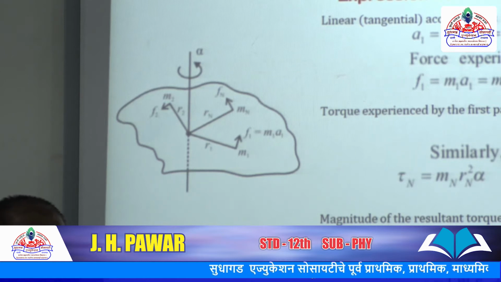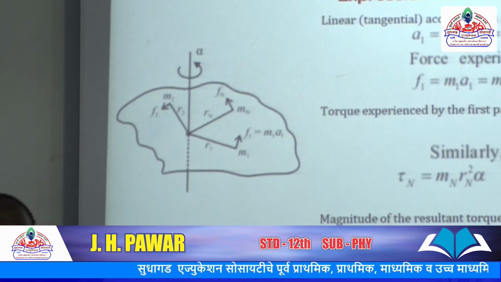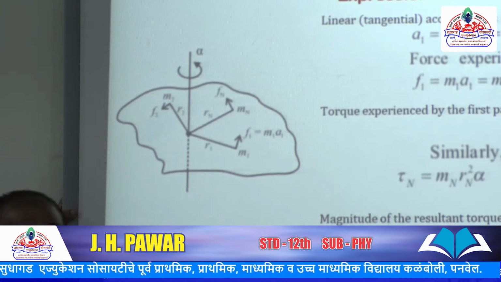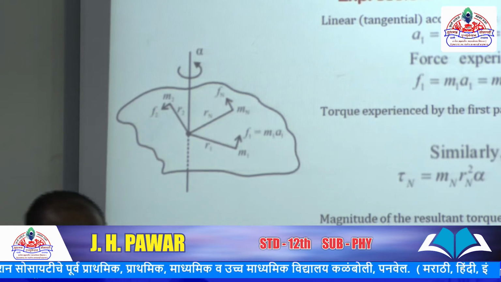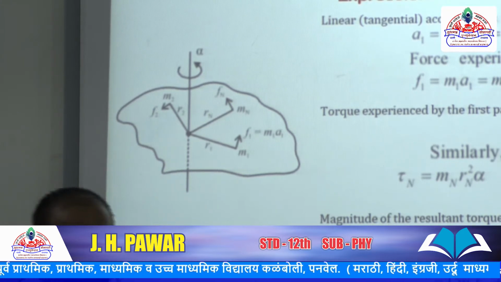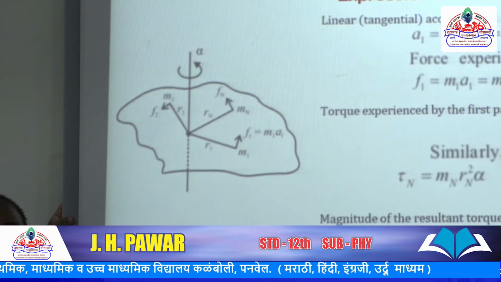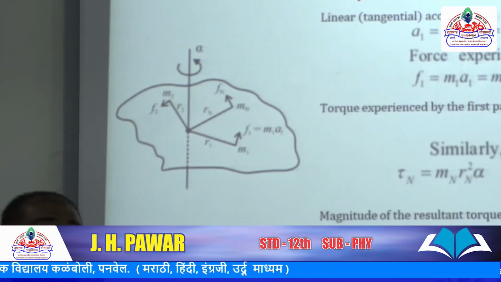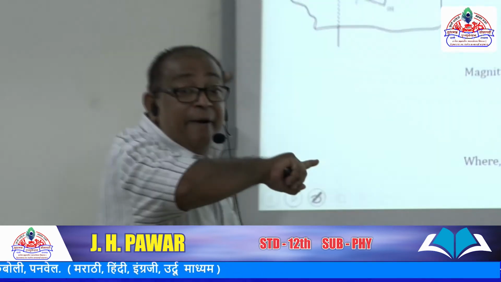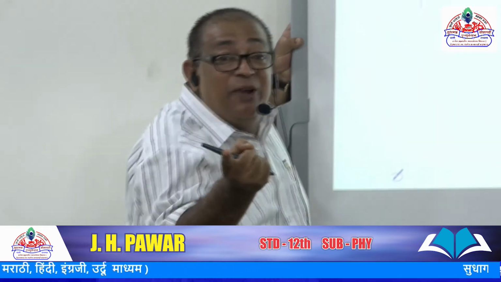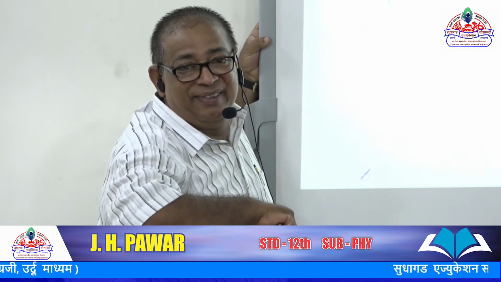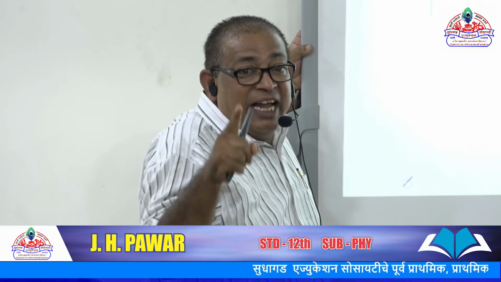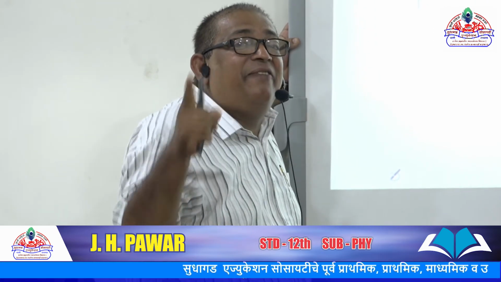In the last section we said all particles are in UCM, but here it is the case of non-uniform circular motion. Each particle revolves in a circle with the same angular acceleration alpha. There we said the same angular speed omega, but here we say the same angular acceleration alpha. But their linear or tangential accelerations are different.